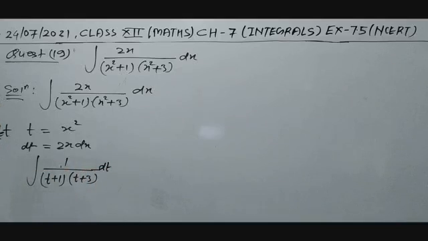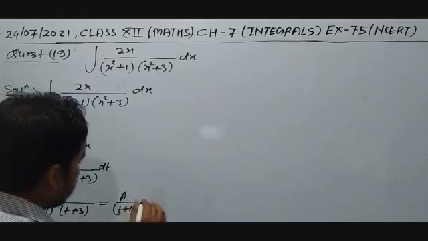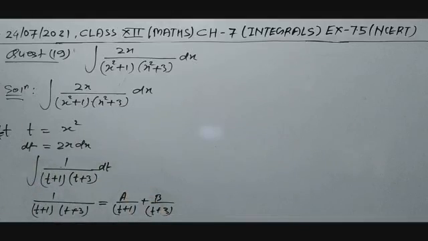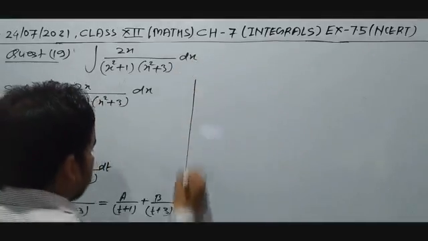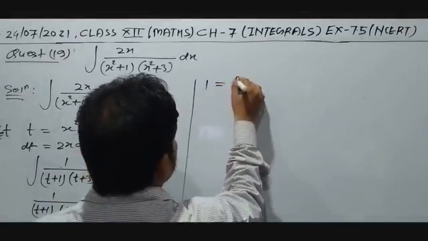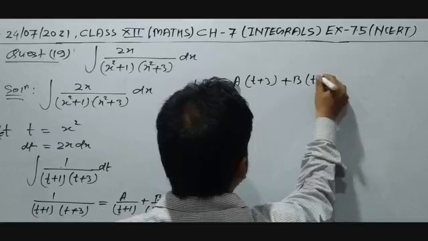This is dt. Now for the calculation, consider this fraction 1 upon (t plus 1)(t plus 3) can be written as a upon t plus 1 plus b upon t plus 3. After taking LCM and equating the numerator part, the result will be a times (t plus 3) plus b times (t plus 1).